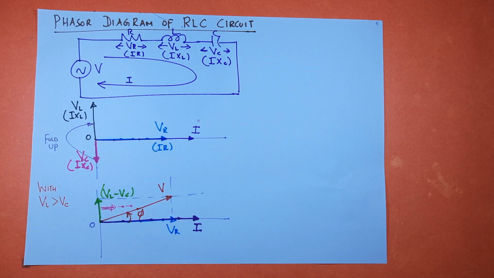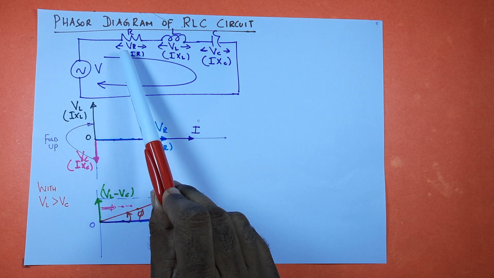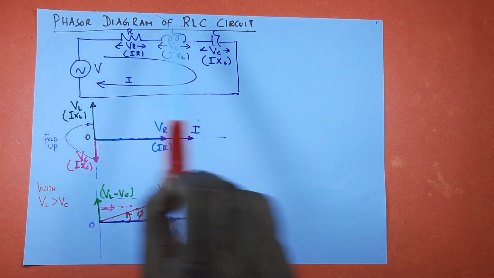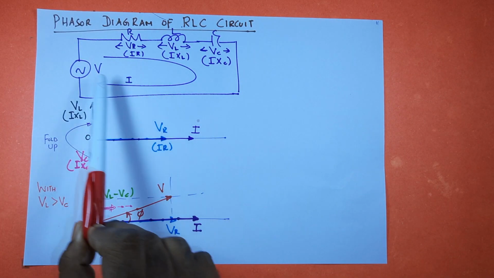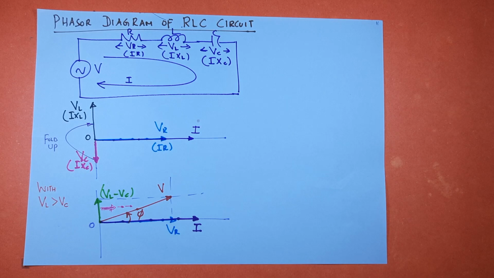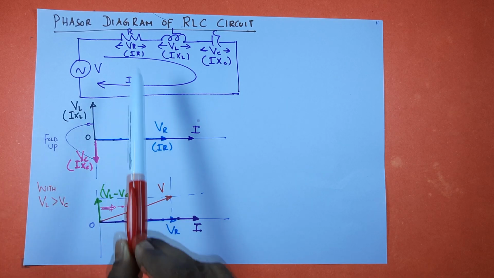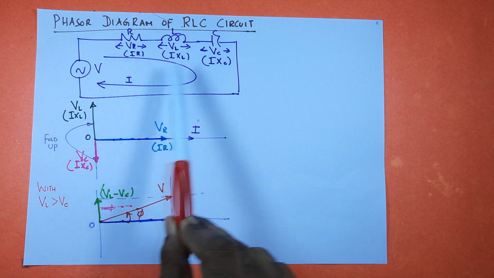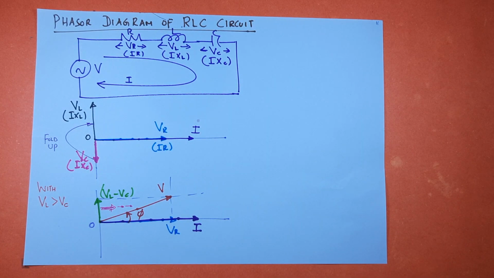For example, here I have a voltage source with R, L, C all connected in series. I is the current phasor. The voltage across resistor R is VR, which is I into R. The voltage across L is VL, which is I into XL, where XL is the inductive reactance. The voltage across the capacitor C is VC, which is I into XC, where XC is the capacitive reactance.